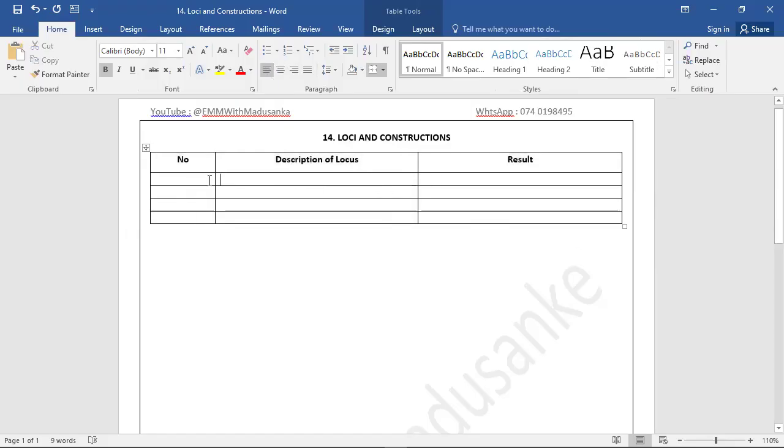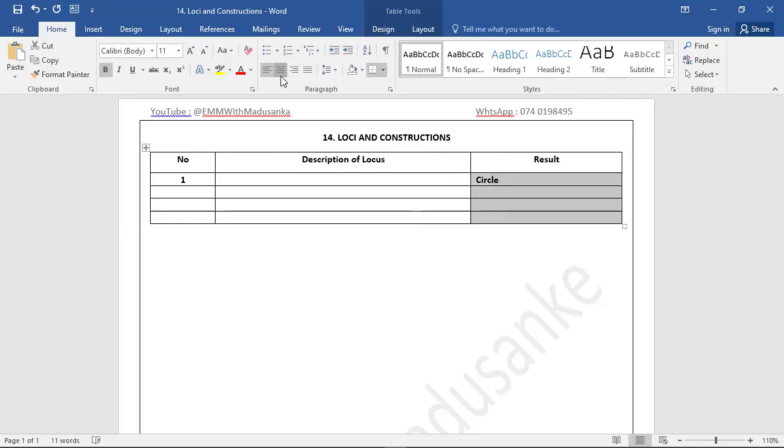I'm going to pick the first locus. What is the first locus that you are going to learn? The first locus is circle. This is the result that you are going to learn.